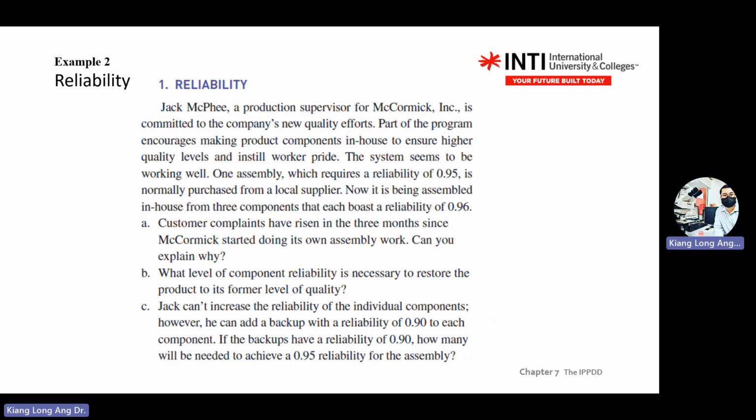There are 3 questions, three scenarios. First one, they receive customer complaints for the past 3 months since the company started doing its own assembly work. Can you explain why? Okay, there are 2 scenarios. One is the assembly in-house, and then this customer complaint.